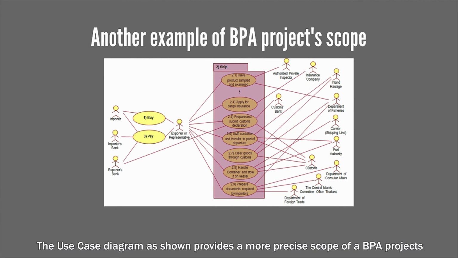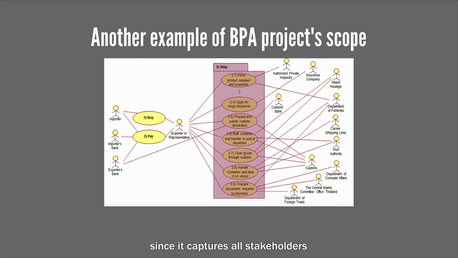The use case diagram as shown provides a more precise scope of a BPA project since it captures all stakeholders and main procedures involved in the scope of the analysis.